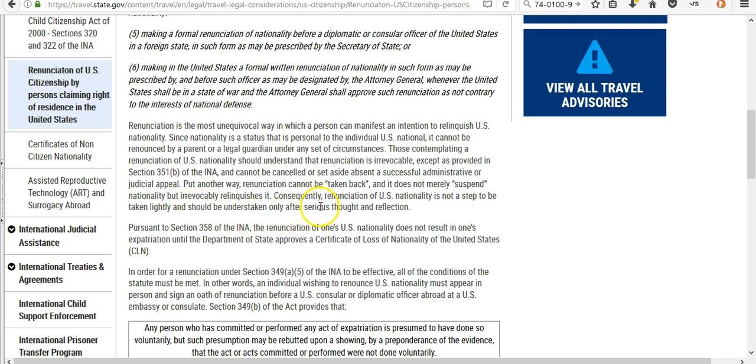Basically, once you correct your status, it can't be bought back. Once you're released from the ship of U.S. slavery, you cannot be reported back onto the slave ship, which is a good thing. That's good news right there, right?